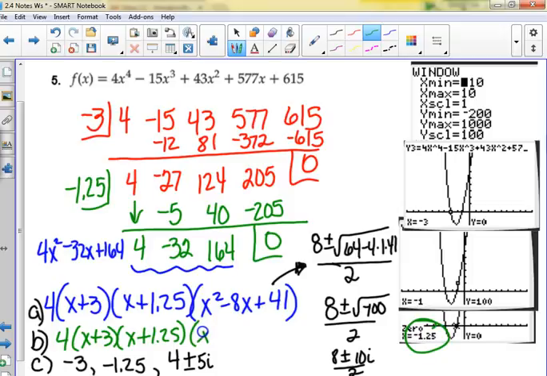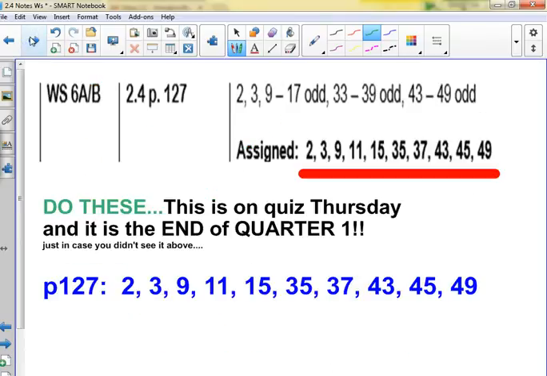It's okay with me, guys, if you write x minus parenthesis 4 plus 5i, and then x minus 4 minus 5i. If you want to distribute and get rid of those inside parentheses, that's fine, but I don't really care. But those are the linear factors. All right. That's sort of terrible. Okay.